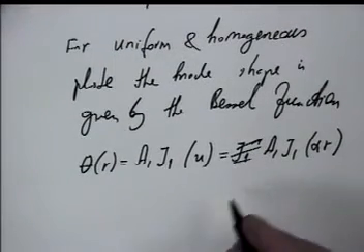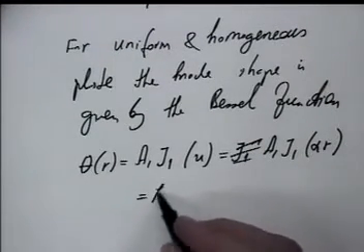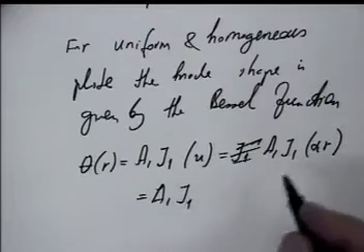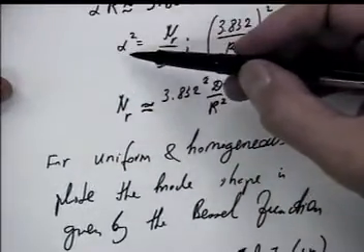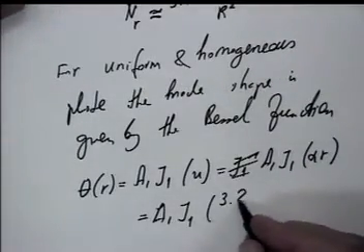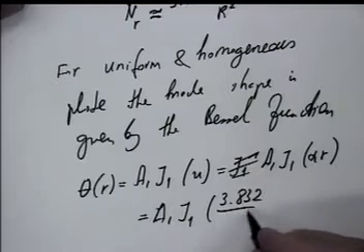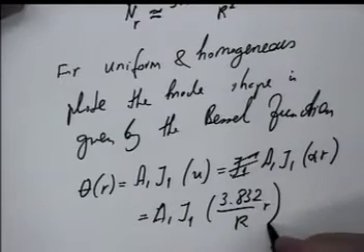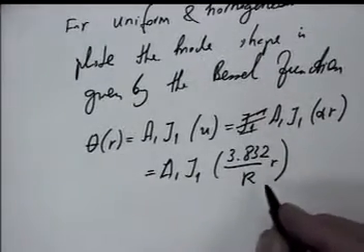But how much is alpha from here? Alpha equals 3.832 divided by R, capital R, and small r. So it is a mode shape.